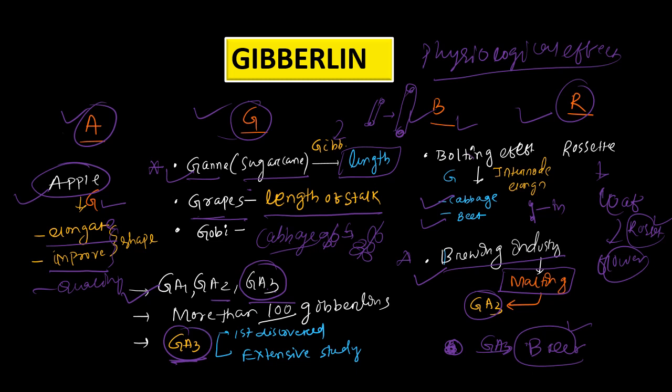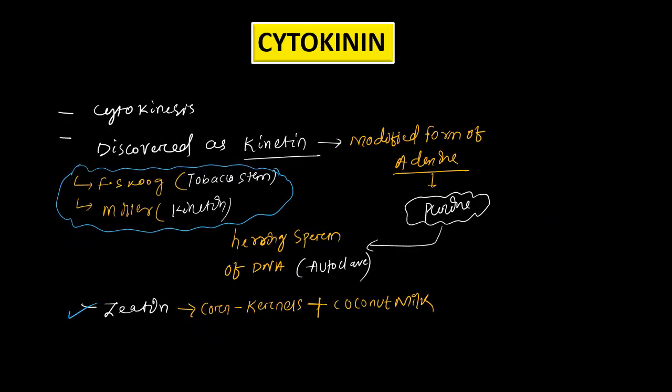More than 100 gibberellins are found. So the next hormone is cytokinin. What is the function of cytokinin? Cytokinin is mostly of two types. You see here, the two types of cytokinin found are zeatin and kinetin.